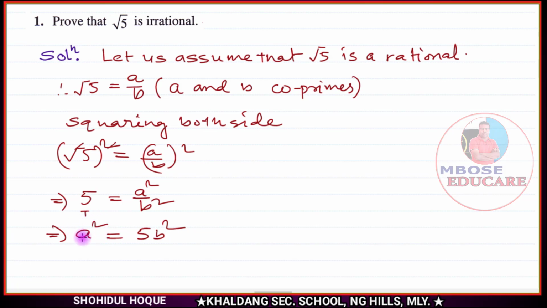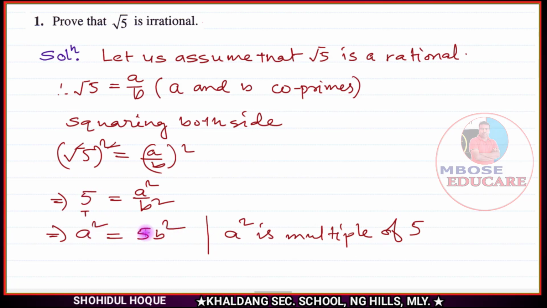It means a square is a multiple of 5, means 5 is a factor of a square. We can write any one of these points. So we shall write here on the right hand side, a square is a multiple of 5, because a square equals 5b square.